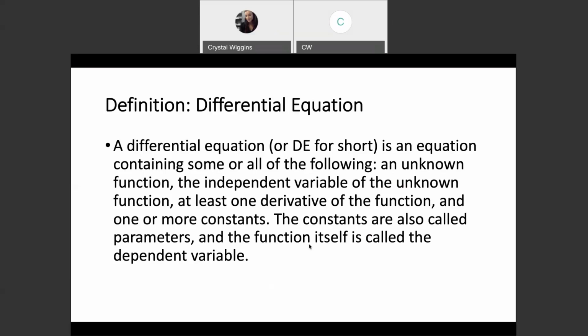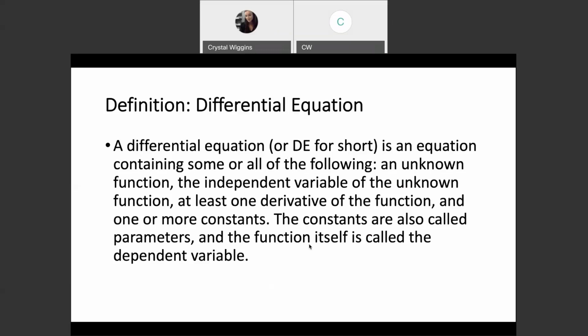Here, our variables are also functions. And how you know which one is the dependent variable is you would look for which one of the functions the derivative is being taken of.